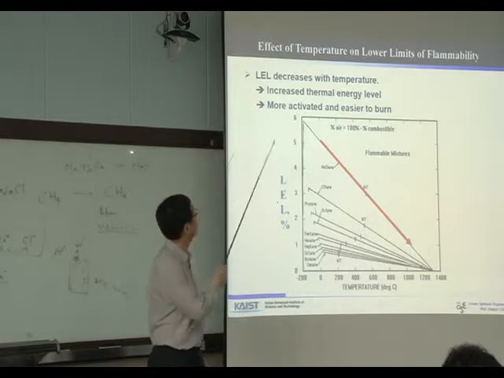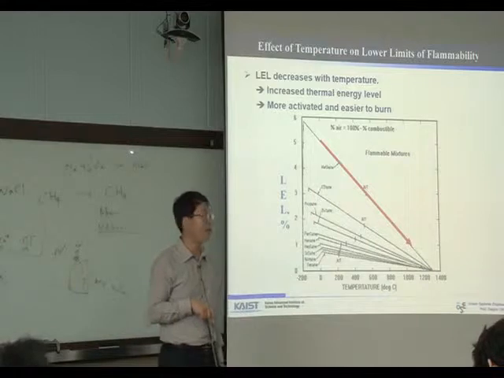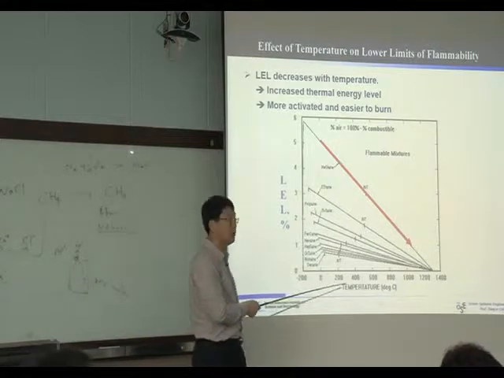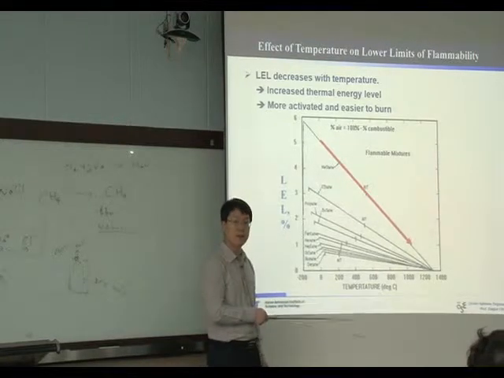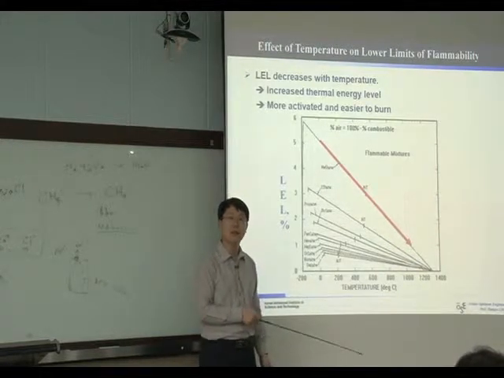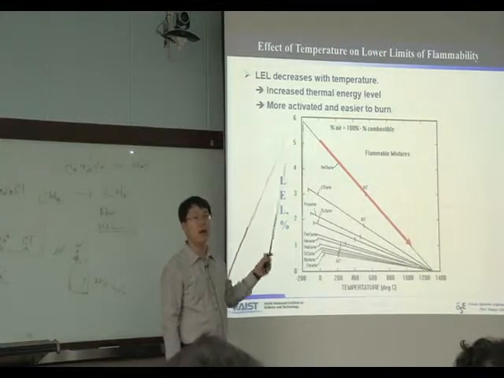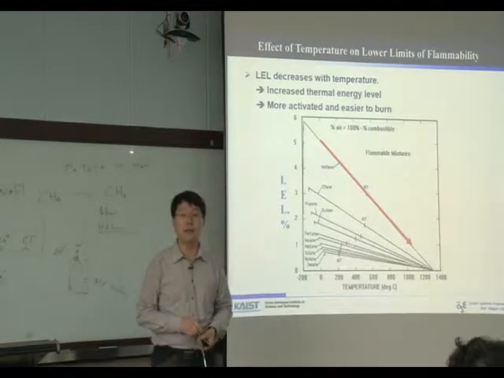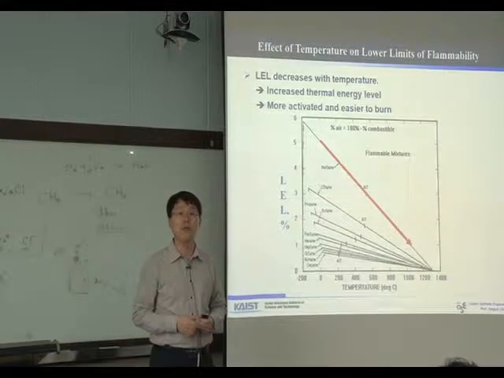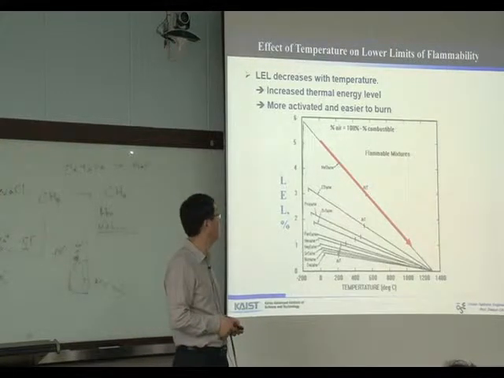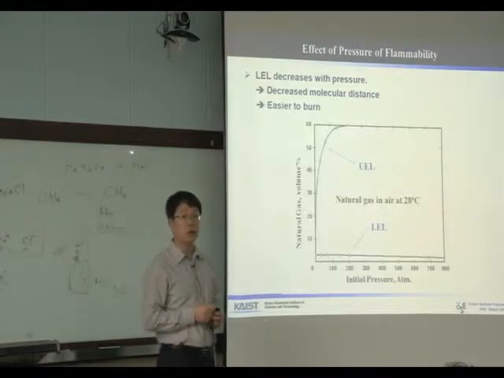So LEL, this is the lower limit concentration for fire or explosion. If we increase the temperature, LEL decreases. That means they are more activated and they are easier to ignite. We can ignite them at lower concentration if the temperature is higher. LEL decreases with the pressure.